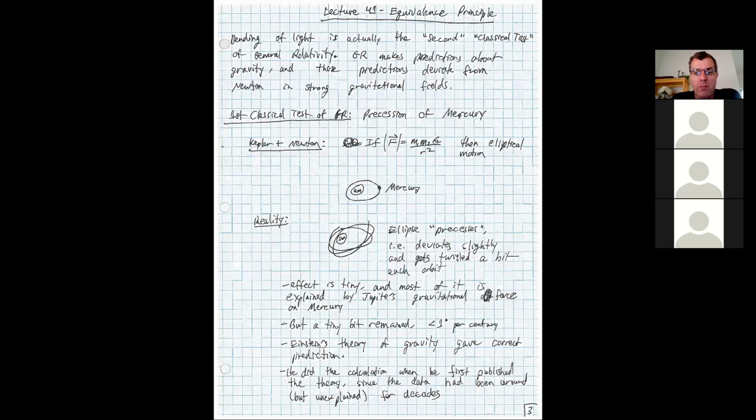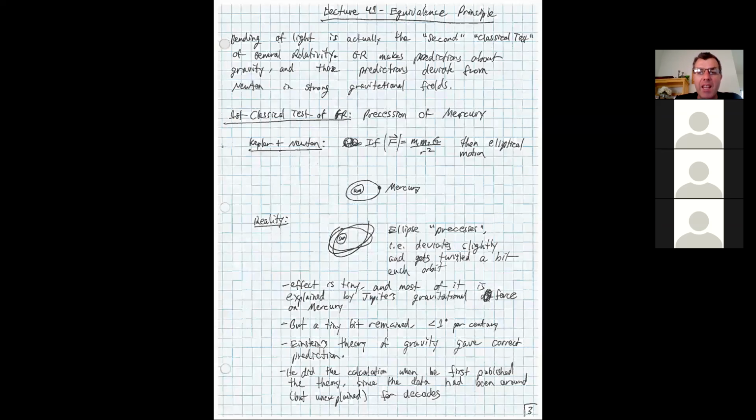But Einstein's thought process was, well, okay, I'm coming up with a theory of gravity, and I'm predicting that gravity will behave slightly differently than Newton predicted, and that those deviations from Newtonian behavior will be most noticeable in strong gravitational fields. Well, of all the planets, the one that feels the strongest pull from the sun is Mercury because it's closest.